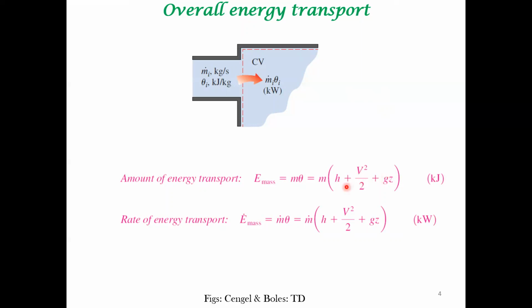This is just PV plus internal energy. Per unit time, if you know the mass flow rate, you can know the energy transport. That is given by mass flow rate times energy per unit mass. That is the way to compute the overall energy transported into the control volume, the energy brought in because of the fluid flowing into it.